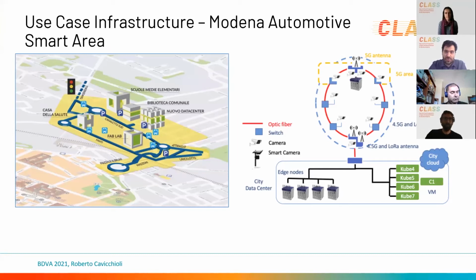We have also a private 4G antenna for a private 4G network that has been used in the project, which allows us to have a very low latency computation and communication within the vehicles that are in the area.